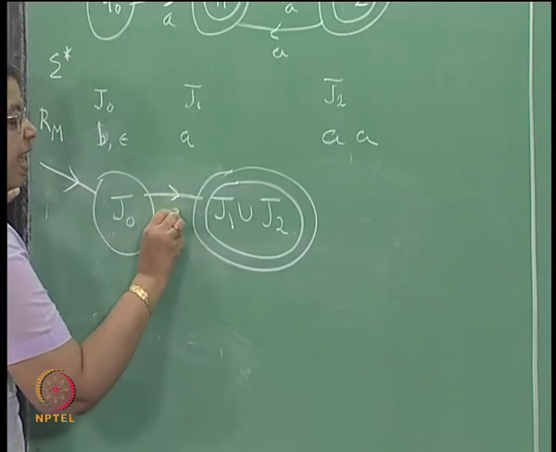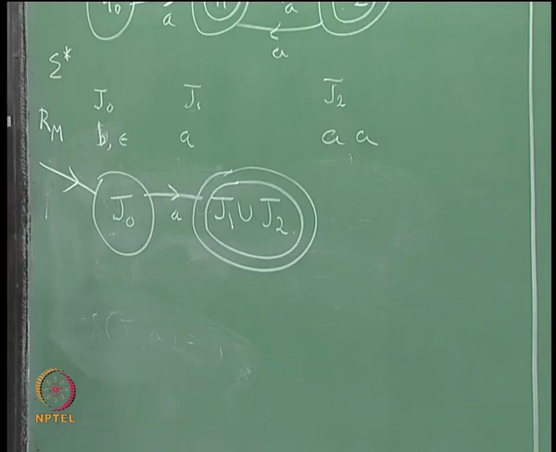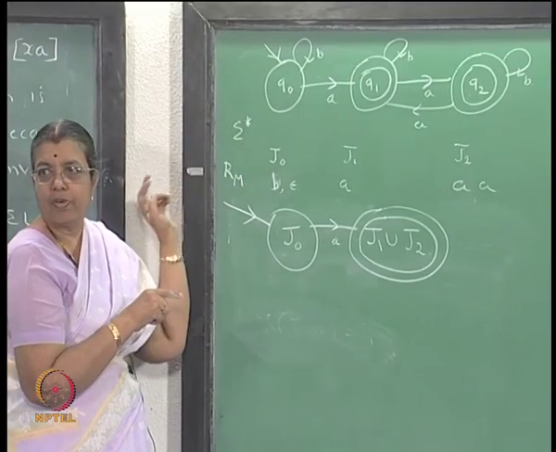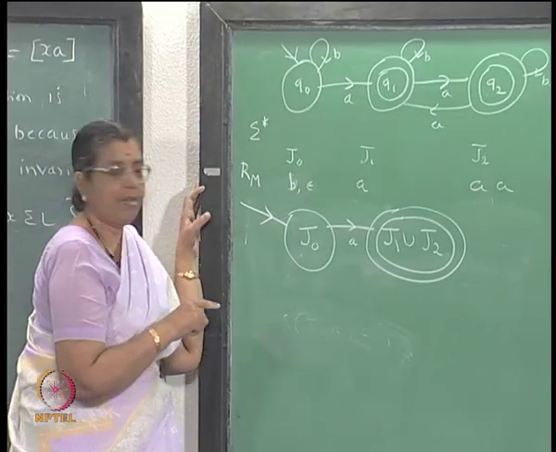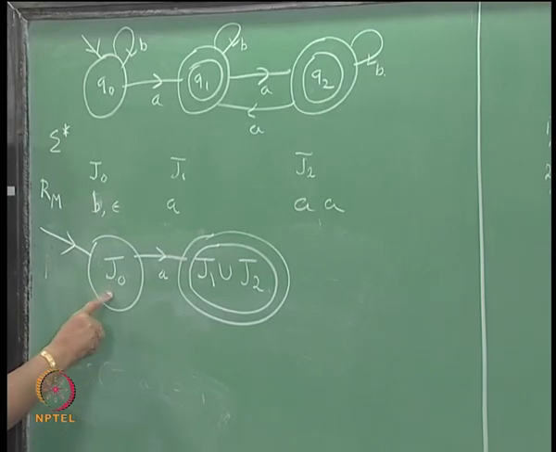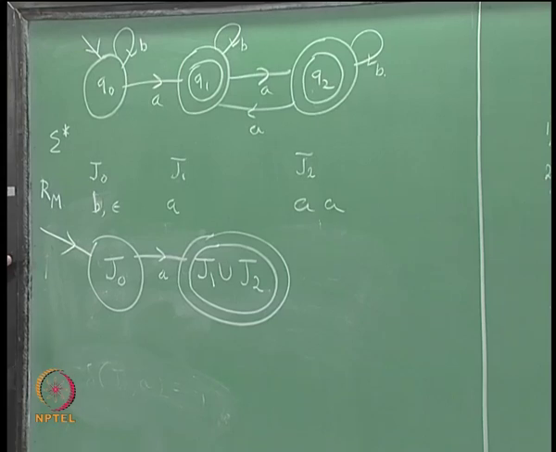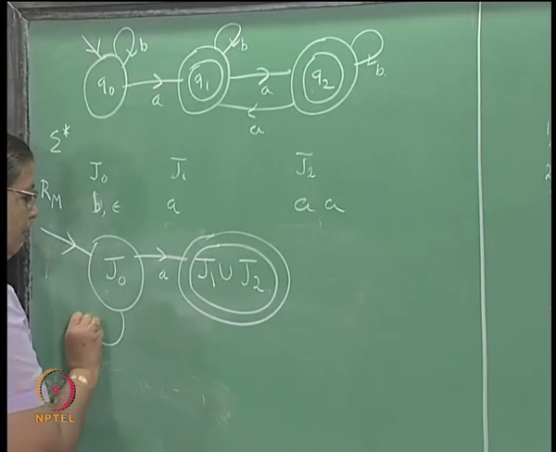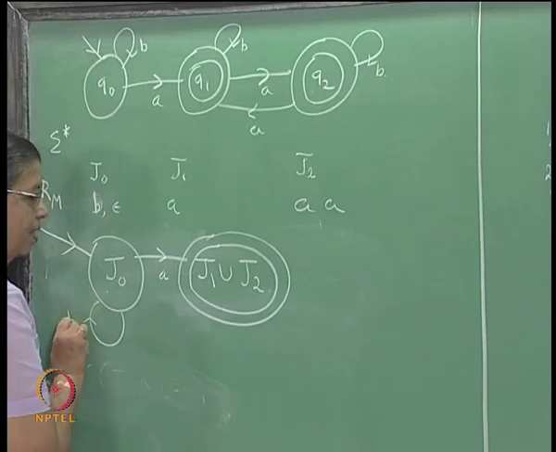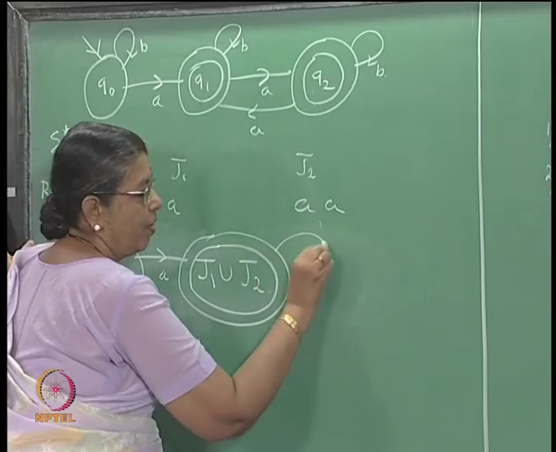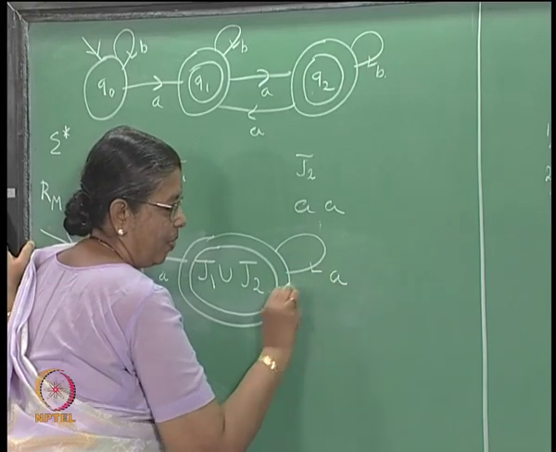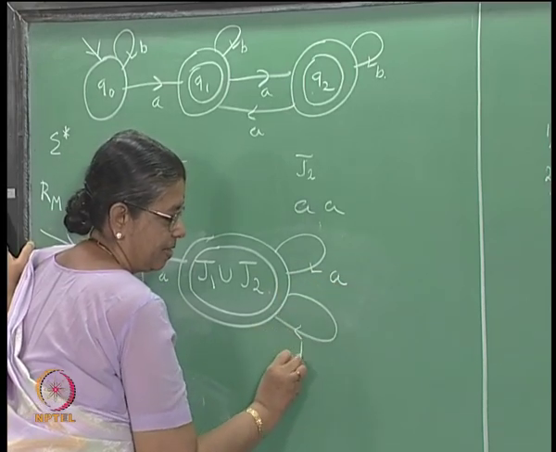So, it will be a. Starting from here, after reading a b you will go to Q naught itself, that is, if you are in this equivalence class, something is there, X, then after reading a b it will be again in this equivalence class. So, it will be like this, and similarly you will see that you have these transitions.